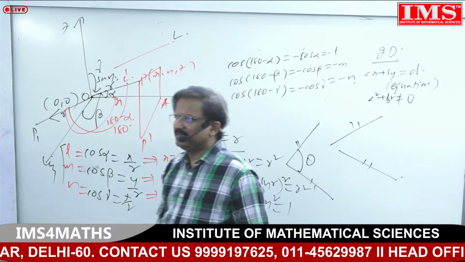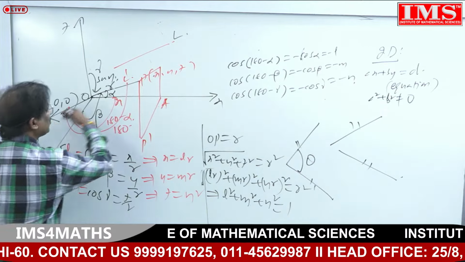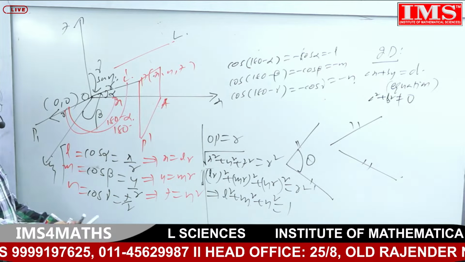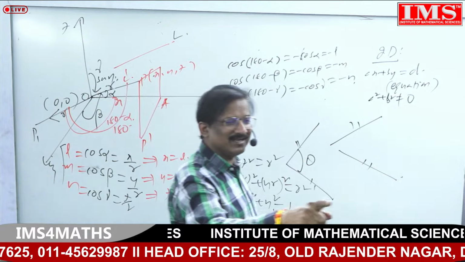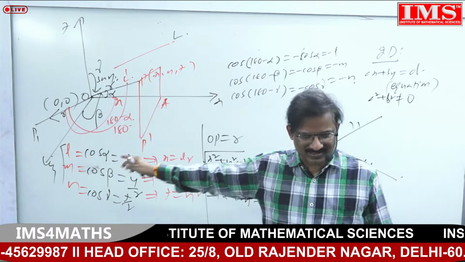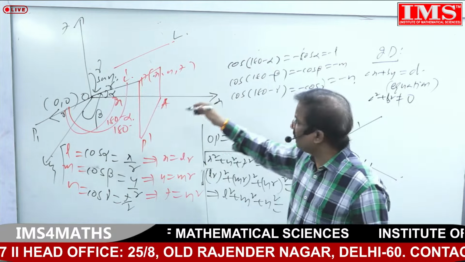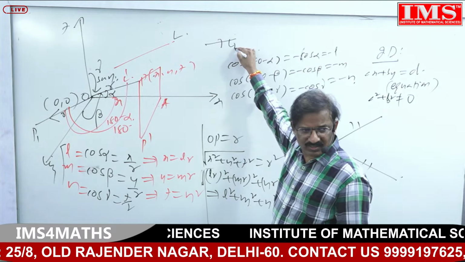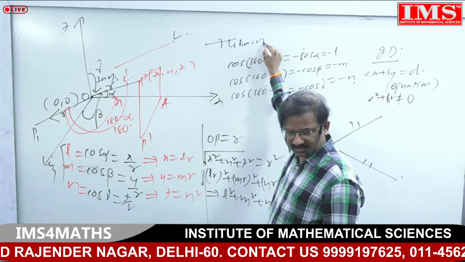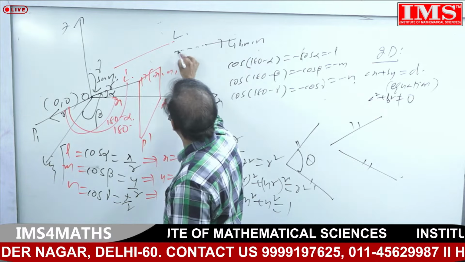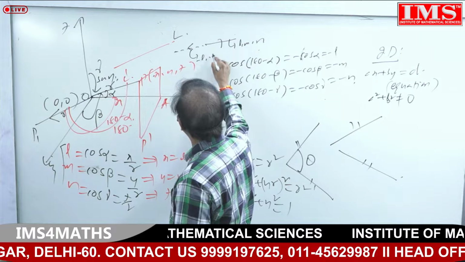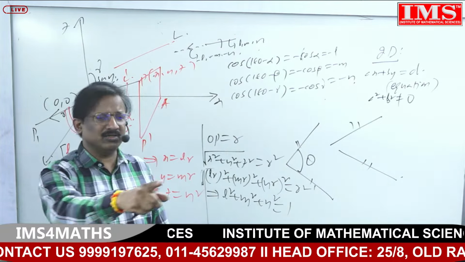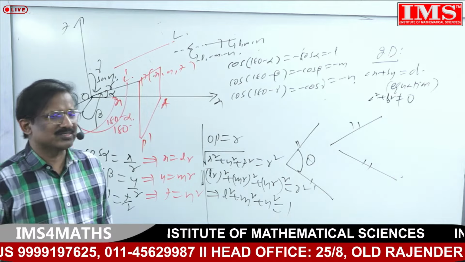That means for one direction from O to P, you have these elements. For its opposite direction, it becomes minus L, minus M, minus N. Isn't it? So if you have a direct line like this, it can have some DCs, and on its opposite side, minus L, minus M, minus N. So for every direction you have one set of cosines.